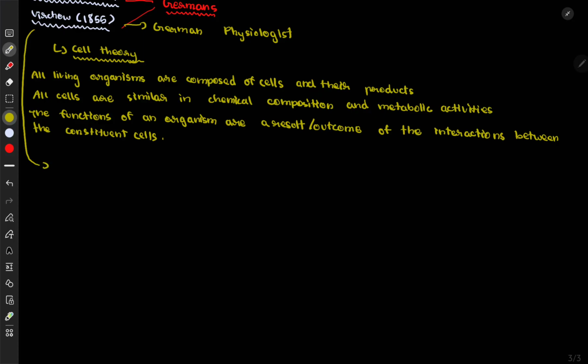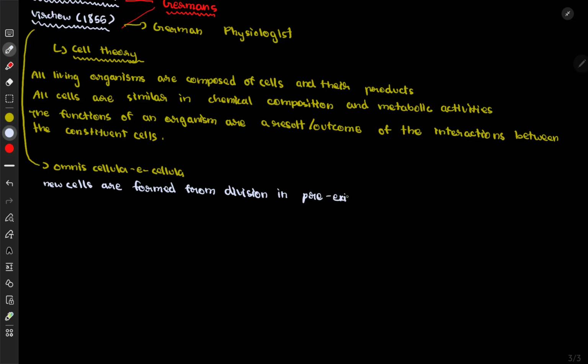He was German, so he gave this in German: Omnis cellula e cellula, which basically means that new cells are formed from division of pre-existing cells.